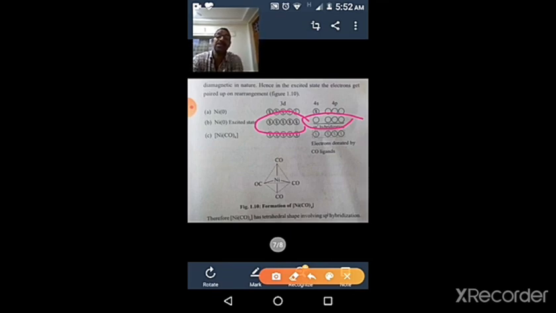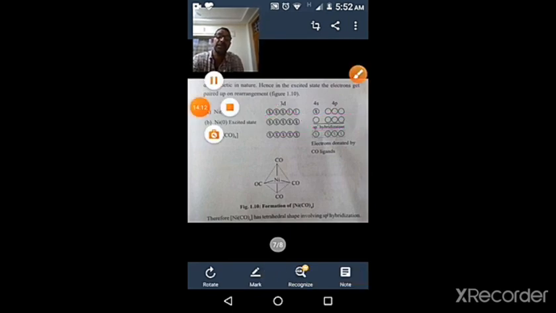So in this complex, nickel is exhibiting what? Nickel is exhibiting sp3 hybridization. So this compound is diamagnetic in nature. This diamagnetism is explained by the theory successfully.